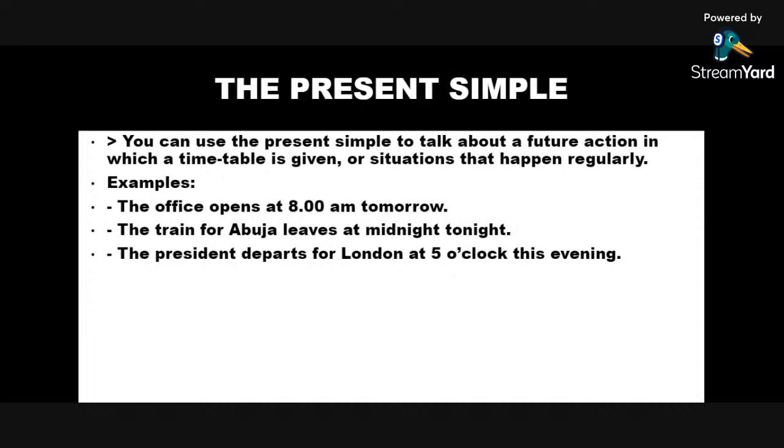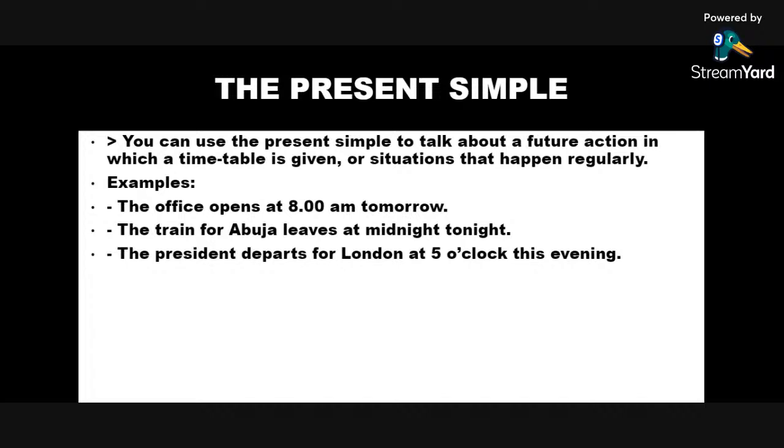Then the second example, the train for Abuja leaves at midnight. In train stations, you usually have a timetable for when the train for a particular place leaves and when it arrives.